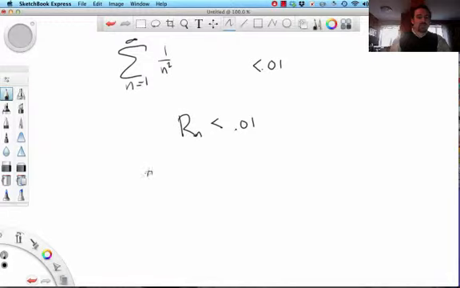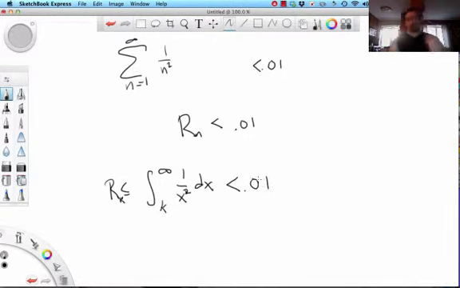Okay, so the remainder up to the kth term will be less than or equal to the integral from k to infinity of 1 over x squared dx. We don't know how far we have to go, but we want to make sure this is strictly less than 0.01. Let's solve this.